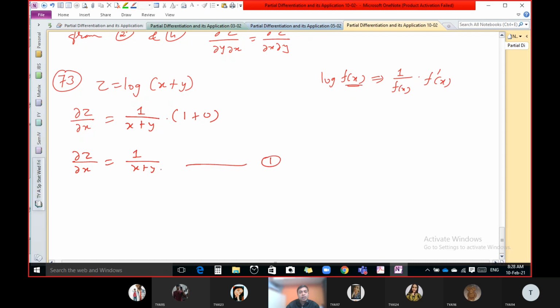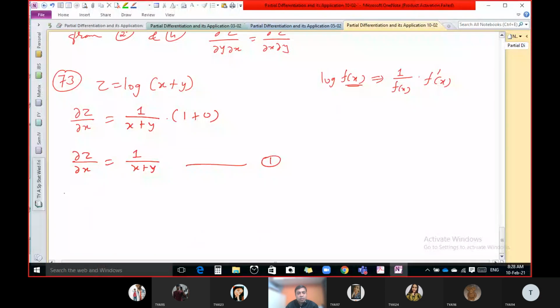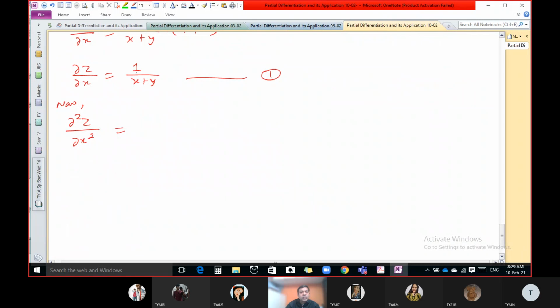Let us say equation 1. Now what we want to prove here is delta square z upon delta x square. So once again differentiate this with respect to x and use the division rule. Denominator: x plus y raised to whole square.